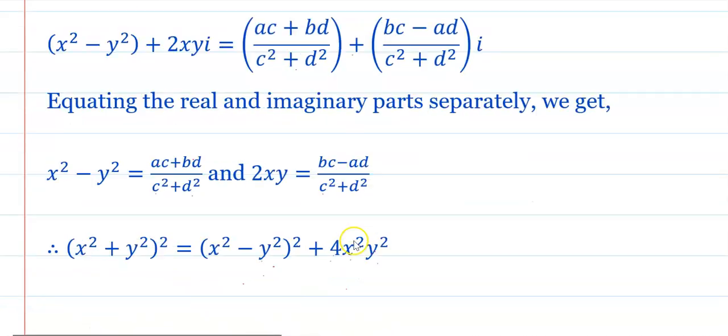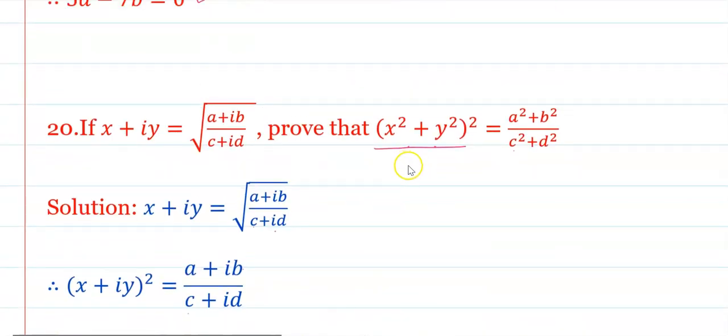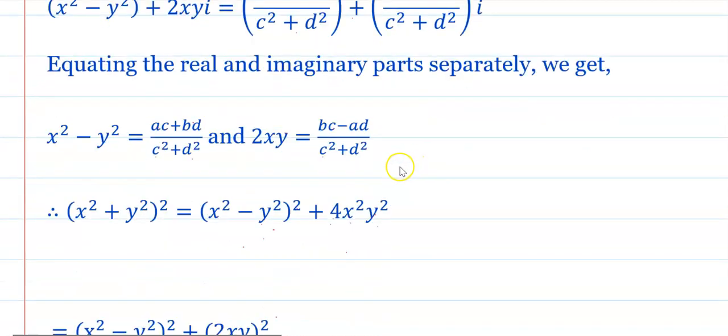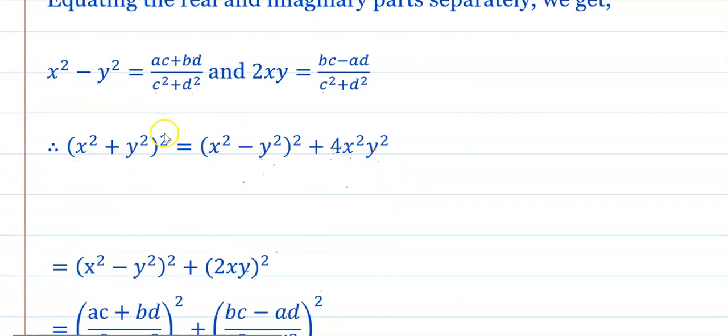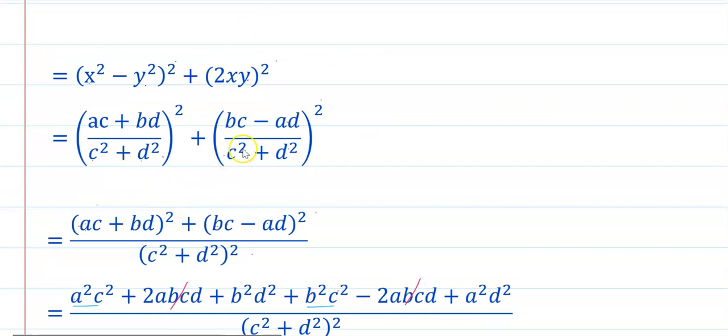Now, what value do you have to find out? You want to find out the value of x square plus y square bracket square. So what do we do? x square plus y square bracket square can be written in the form of x square minus y square bracket square plus 2xy bracket square, that is 4x square y square. Substitute the values, then simplification again. The base is the same, expand it, get the cancellation.